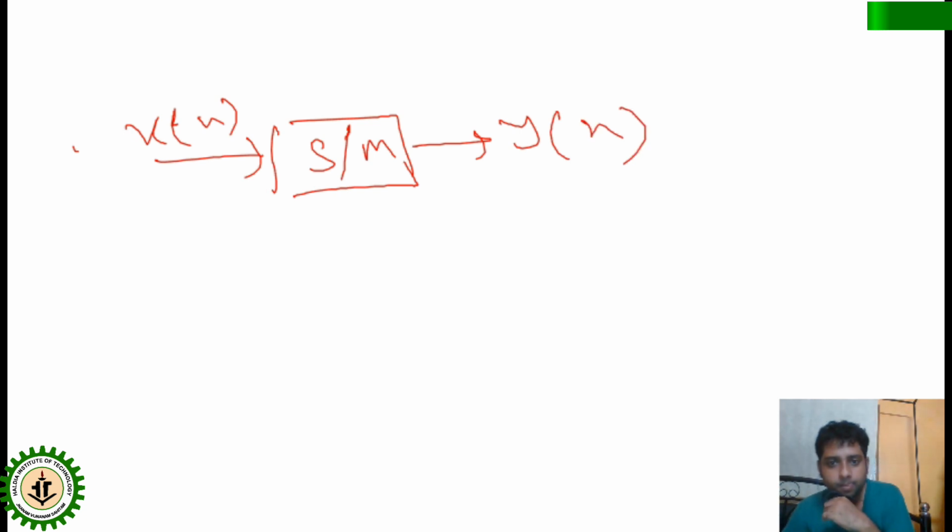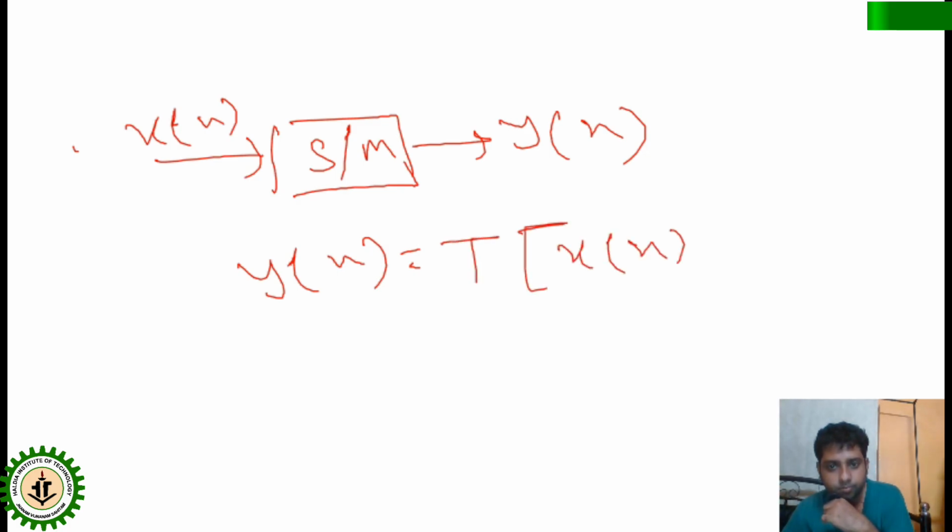Suppose we represent the system this way. I have written y[n] is equal to T of x[n].